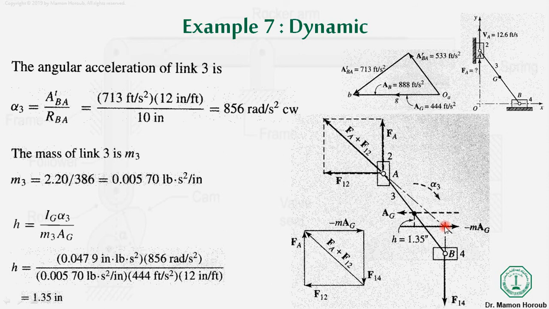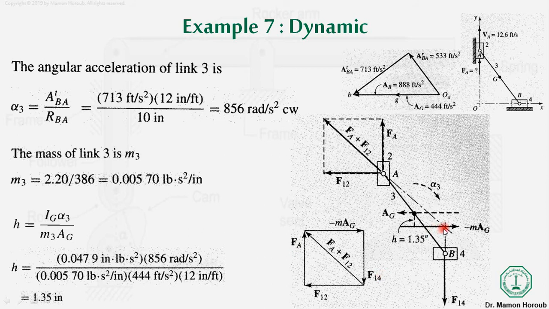It means if you add F14 plus MAG, it is equal to Fa plus F12. In this question, Fa was required, so if we know F14, then it is equal and opposite to Fa.